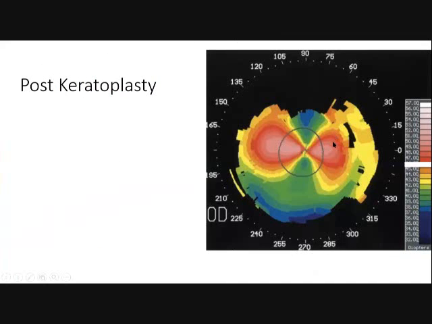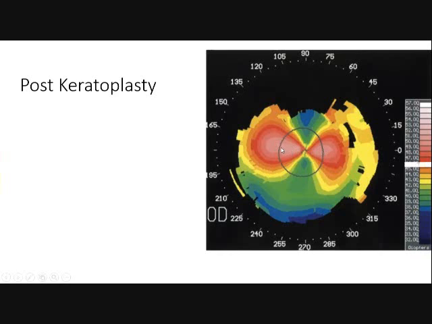This is a post-keratoplasty corneal map, and you can see there is a bow tie. At these points, 0 and 180 degrees, the corneal sutures are tight, and this gives rise to an astigmatism, and these points have more dioptric power.